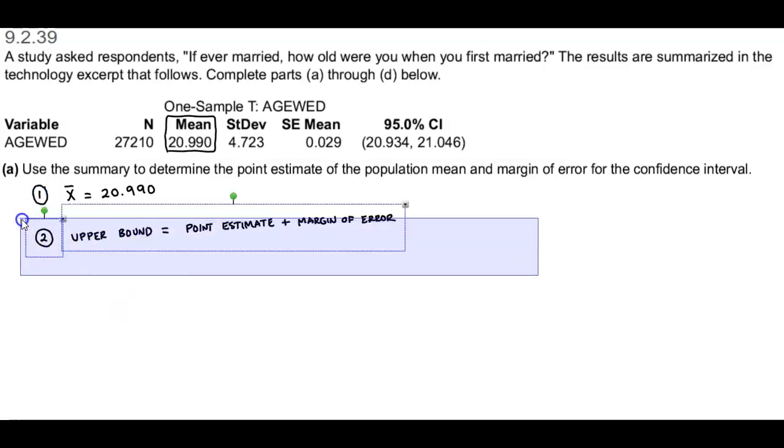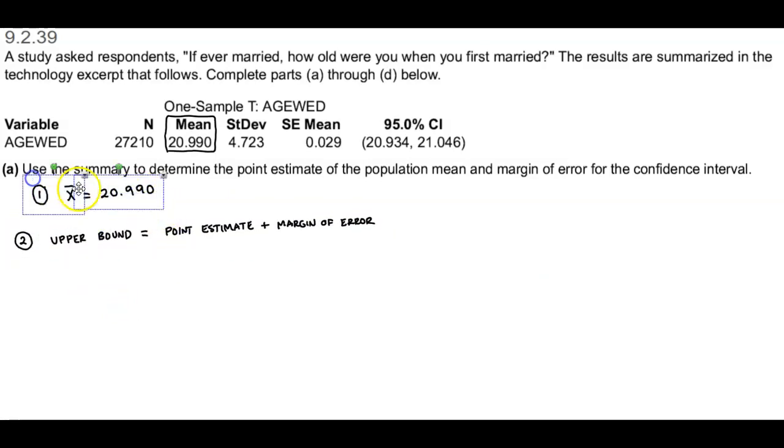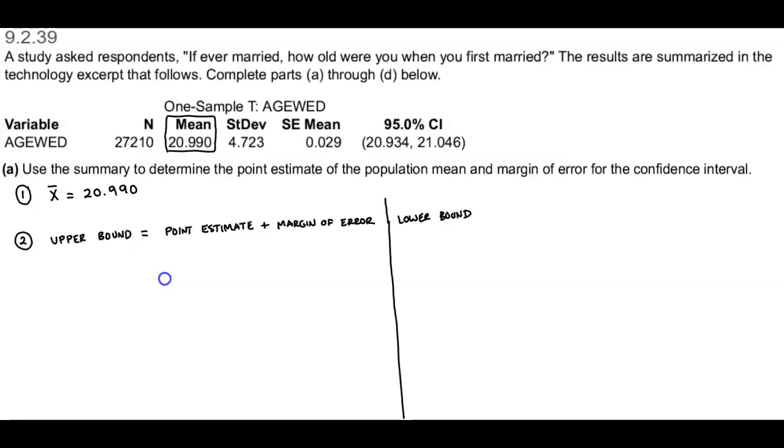And we know that the lower bound is equal to the point estimate minus the margin of error.